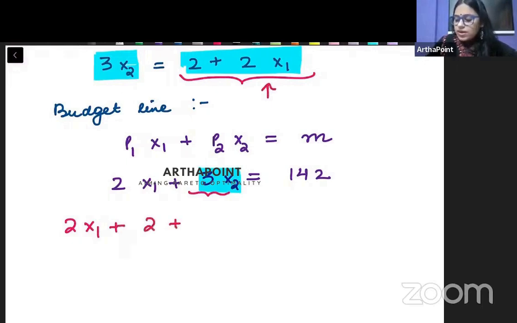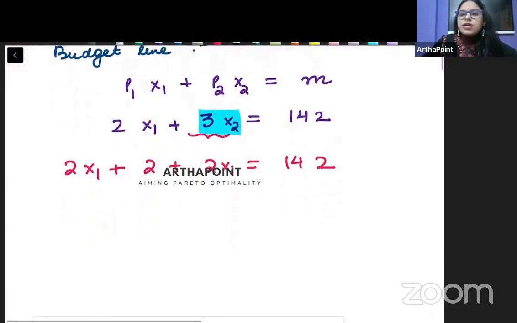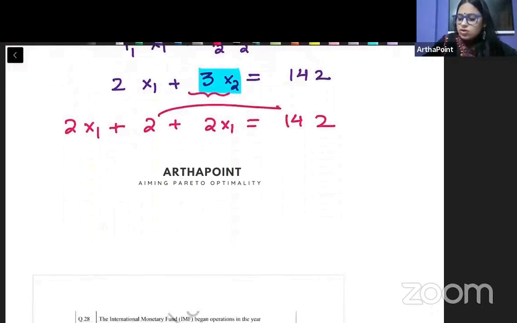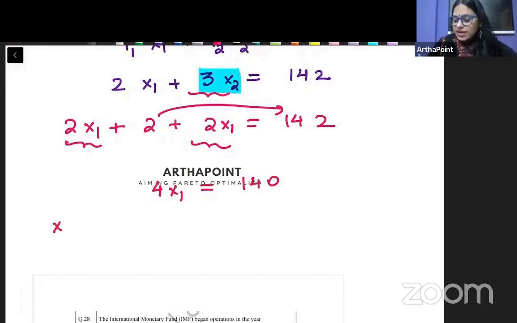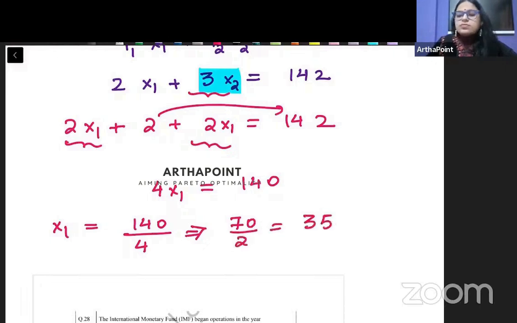So I will get 2 plus 2x1 plus 2x1 is equal to 142. So this will become 4x1 is equal to 140. So beta x1 will be what? 140 divided by 4, 70 divided by 2, 35.